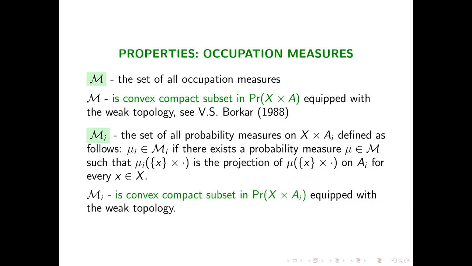And thanks to that, we can claim that Mi is also a convex compact subset in the set of probability measures on the action set of player I and the state space X.